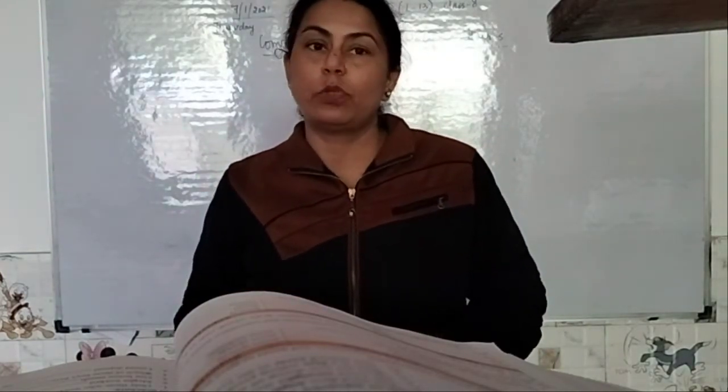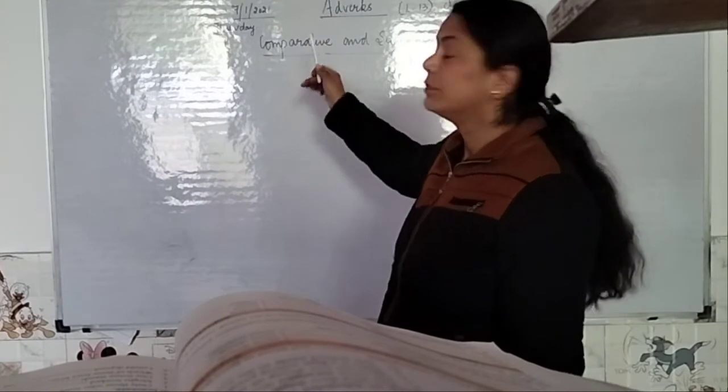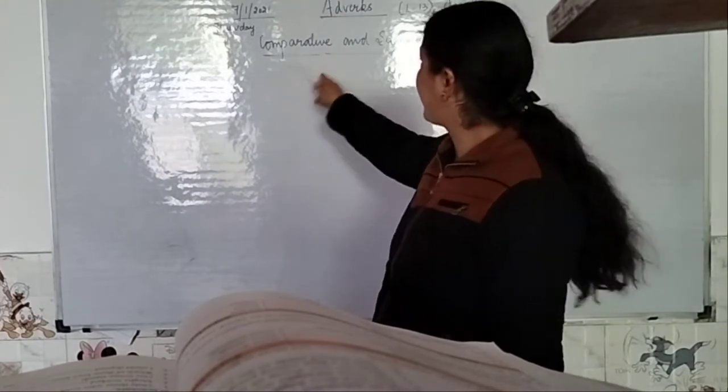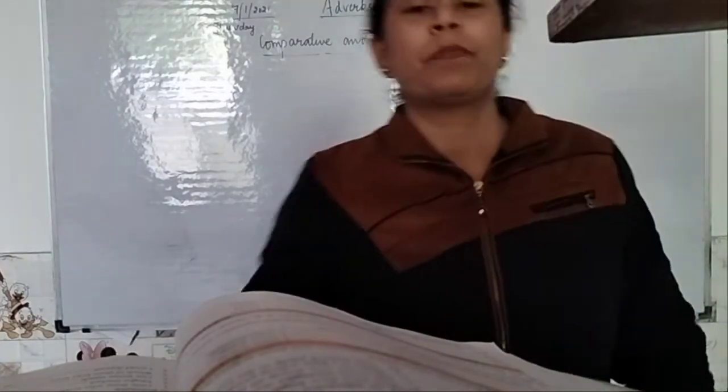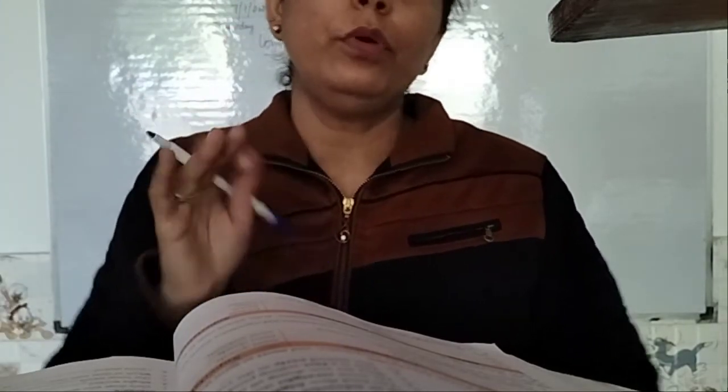Similarly, adverbs also have 3 degrees. They have the comparative as well as the superlative degree. All the adverbs are not formed by adding er or est. Some words cannot just change their form, so we have to change them using more or most.